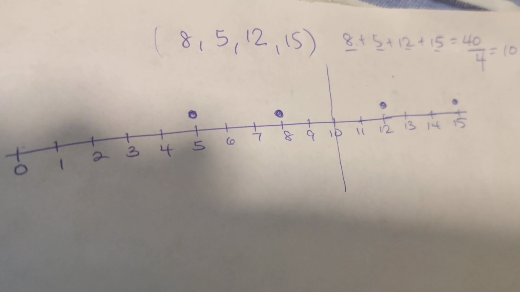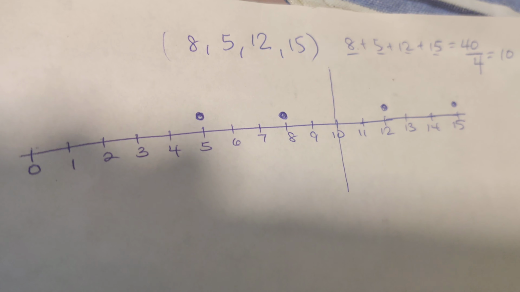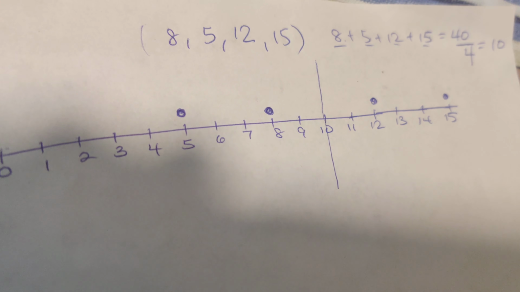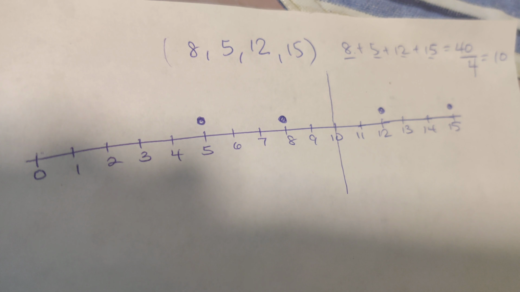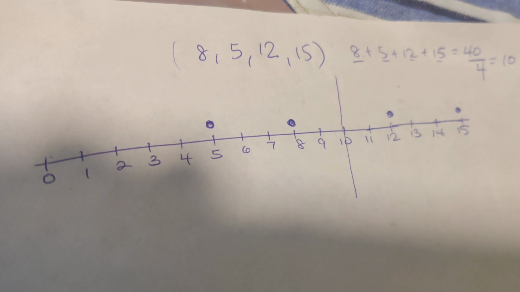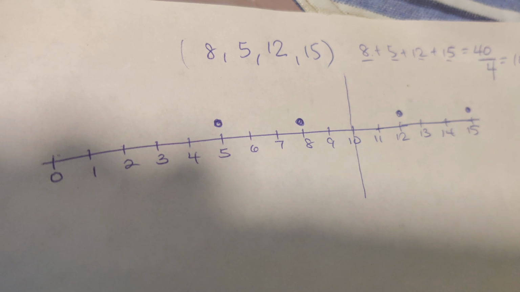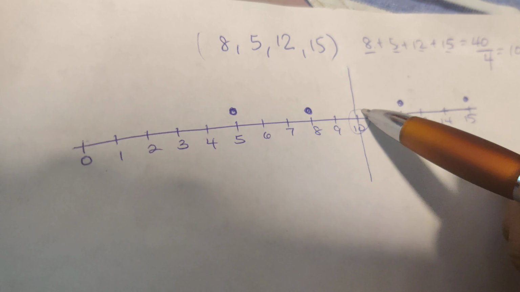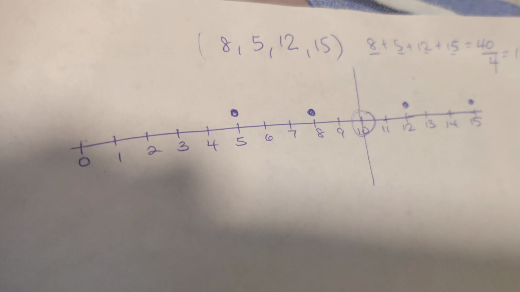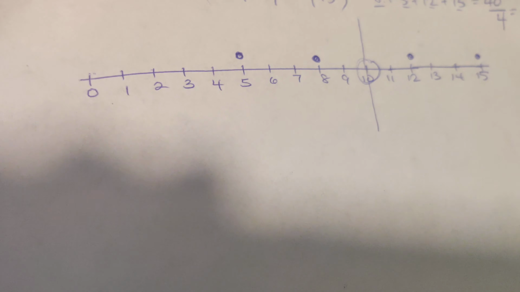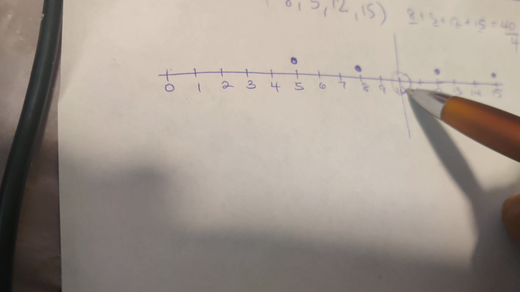So our mean is 10, but we're not only concerned with our mean, we also need to find what's called the mean absolute deviation of the data set. So if our mean is 10, now what we're going to do is just ask ourselves how far from our mean, which again is 10, how far from our mean is each piece of information. So how far is 5 from 10?